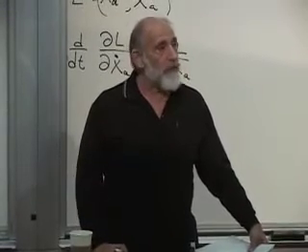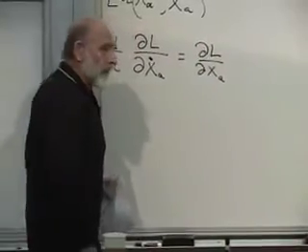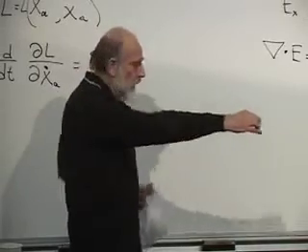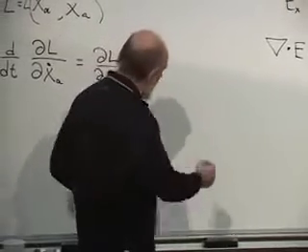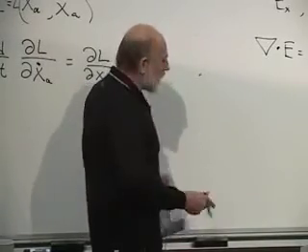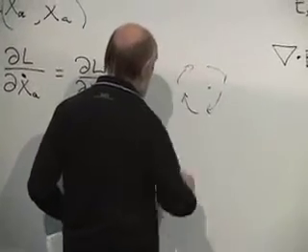The curl itself has three components. Each component is related to an axis. Given an axis, let's say the axis out of the blackboard, the curl represents the tendency of the vector field to wind around that direction.